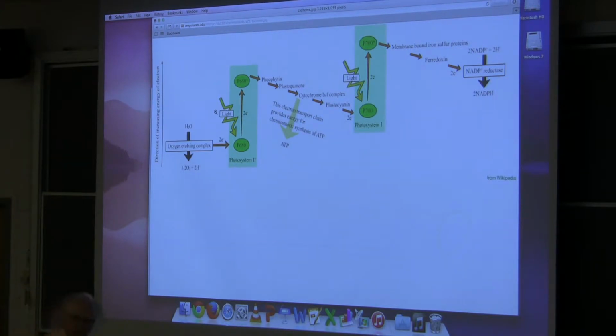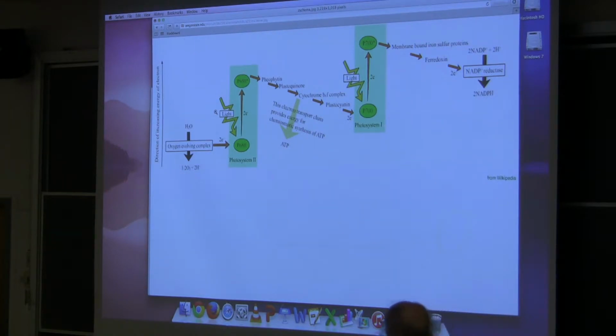We know that the oxygen in our atmosphere today is here because over the billions of years that photosynthesis has been going on, enough oxygen has been liberated by this process to give us what we have in our atmosphere. The original atmosphere of Earth had very little oxygen in it. So we have the oxygen in our atmosphere thanks to this process that you see on the screen. That's pretty cool.